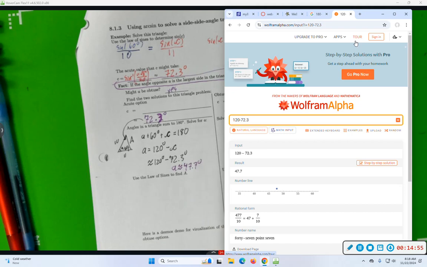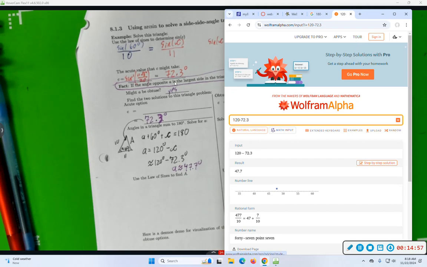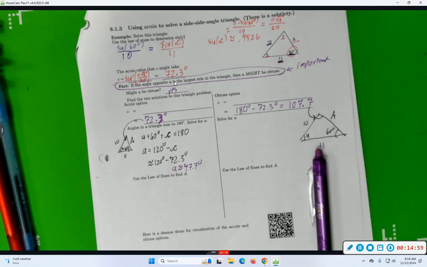I'm going to jump over to the other side of the paper. In the case that C was obtuse, we'll get a different value for A, I think. In fact, get that different value for A for me. What do you get? I hear a 12.3. Do I hear a second? Nice.